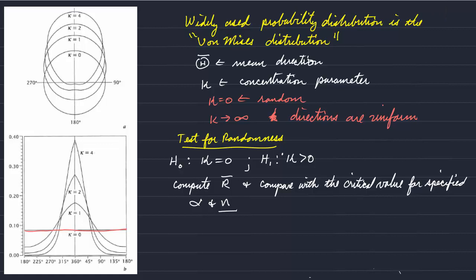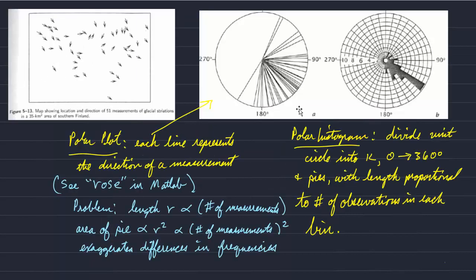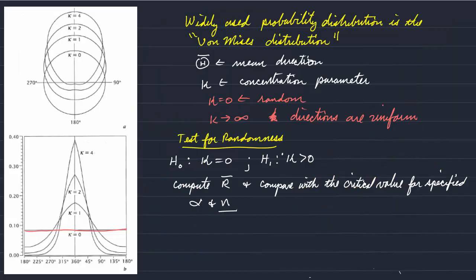So in Davis's example, he looks back at these glacial striations. We talked about those in the previous video. And he again sums the unit vectors to get the resultant vector. This is the example for the glacial striations.